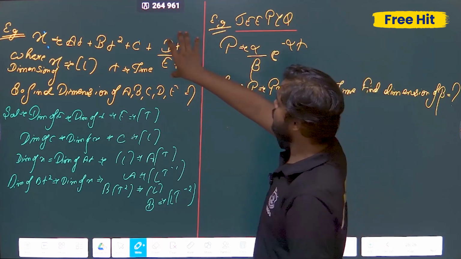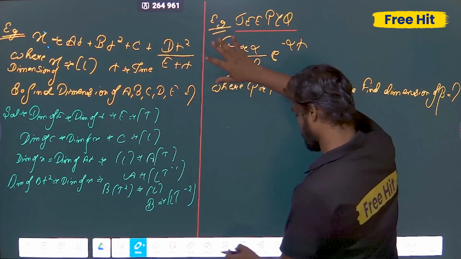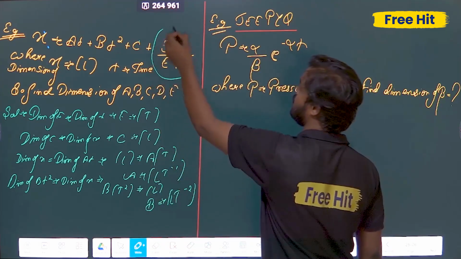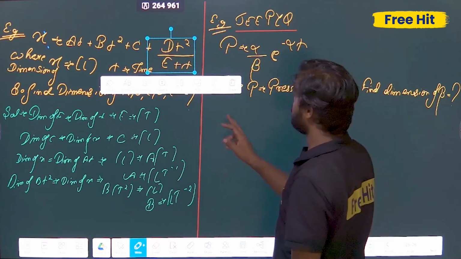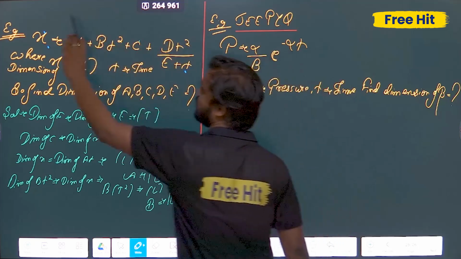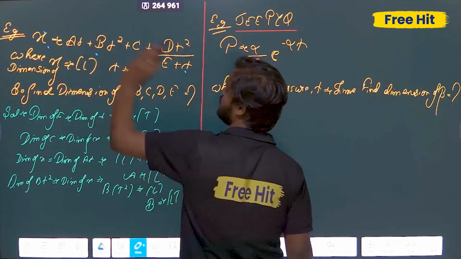See, this is the one quantity. If you see properly, this will behave as one physical quantity. Okay, so the dimension of this whole quantity should be equal to the dimension of X or AT or BT or C, whatever you want.